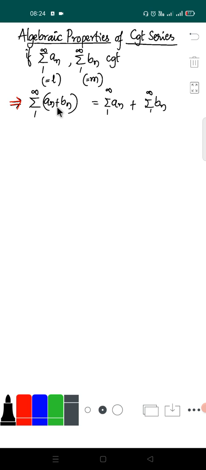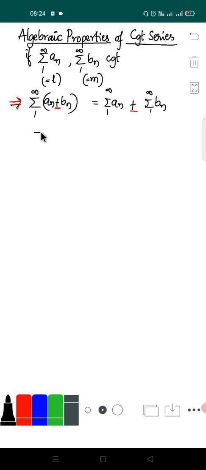For an minus bn, we can take this negative also: summation of an minus bn will be equal to summation an minus summation bn.